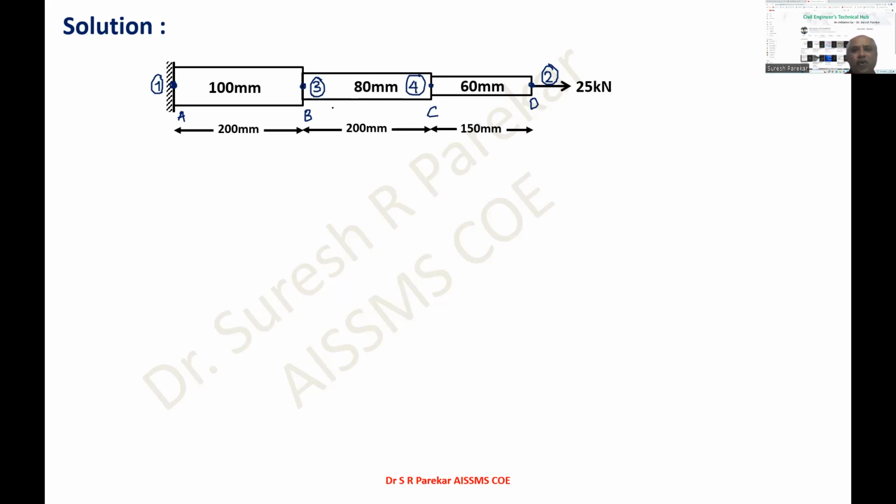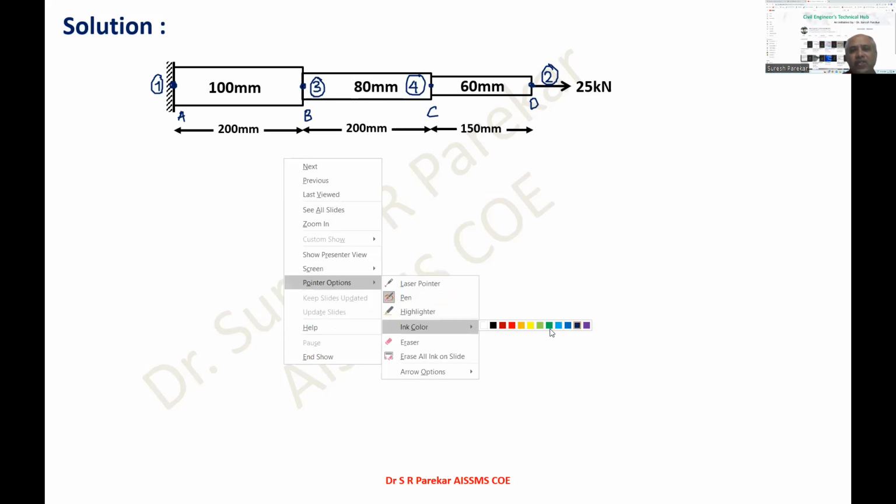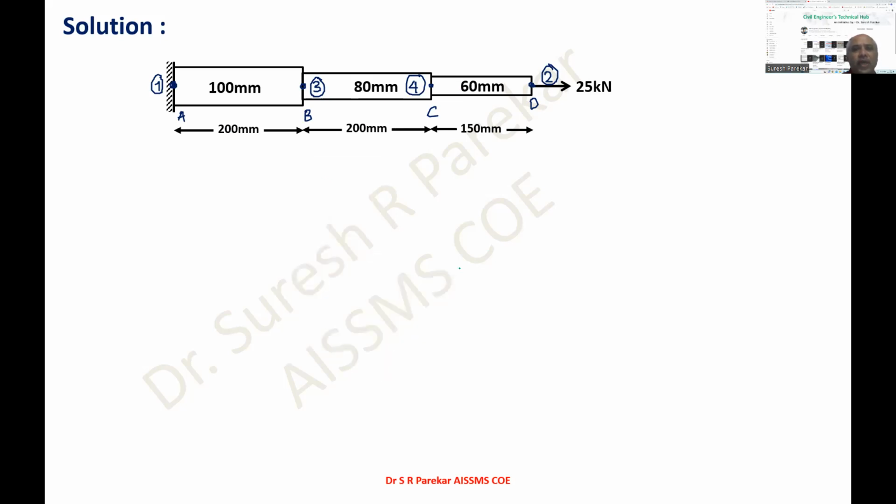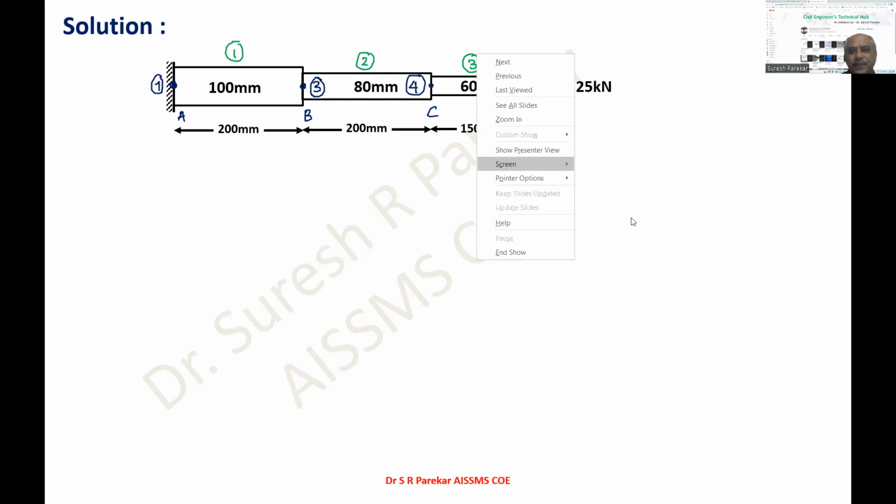So we have these 4 nodes and connecting these 4 nodes, we have 3 elements. So we will show that elements also. We have member connecting 1, 3. This will be my first element. Then 3, 4 we have second element and 4, 2 we have third element. So we have 4 nodes and we have 3 elements.